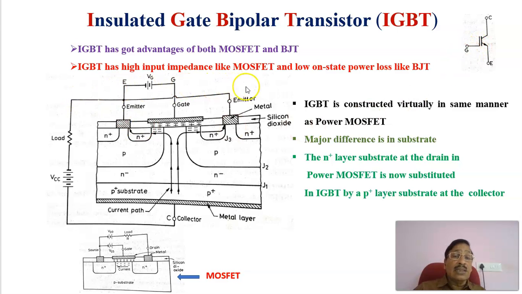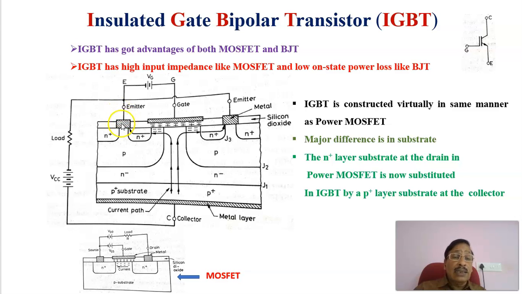Now, this is the structure of IGBT, which is a p-type structure. A p-type substrate is there, over which there is an n minus diffusion, then again p and n plus. It is again a 3-terminal device like a MOSFET.